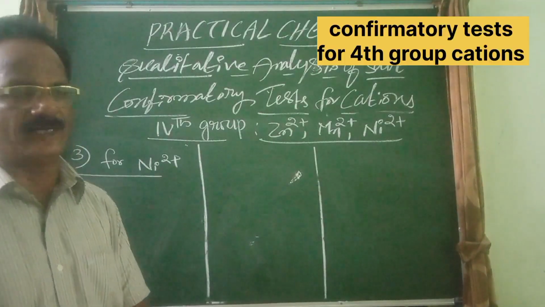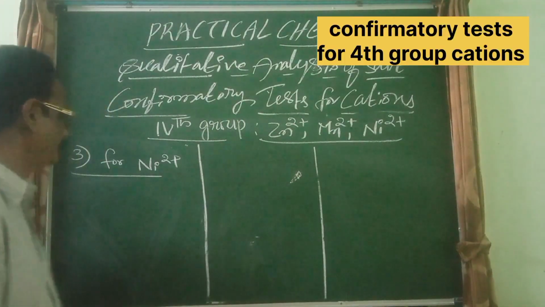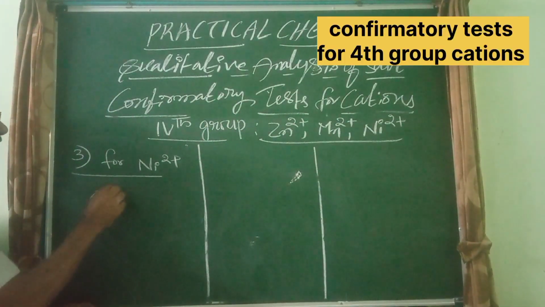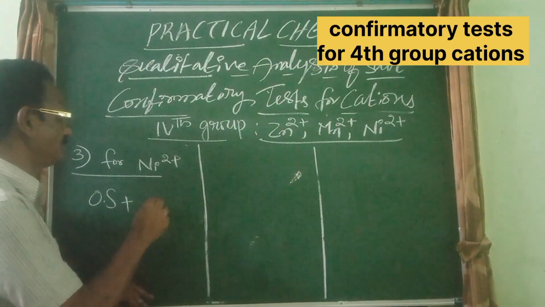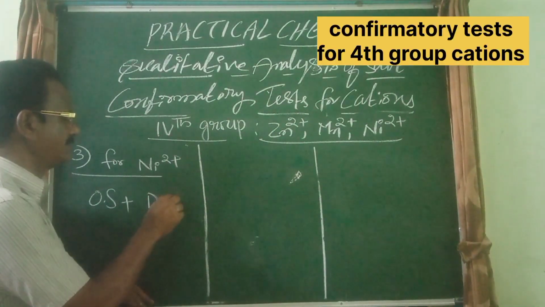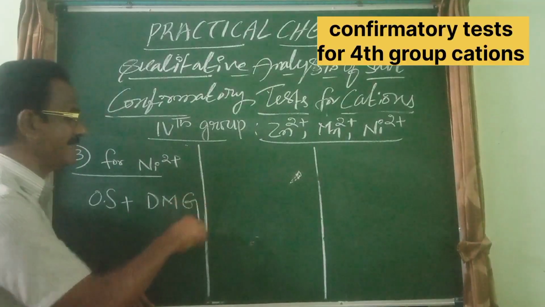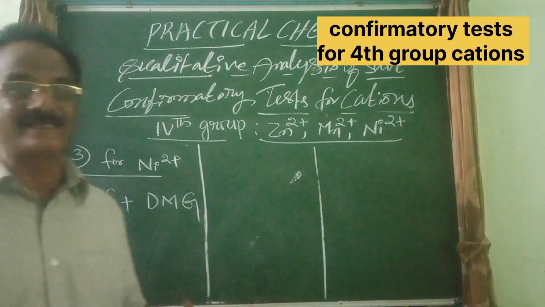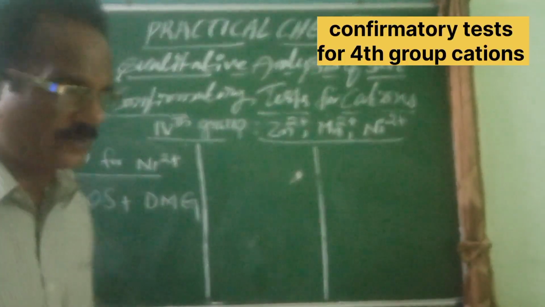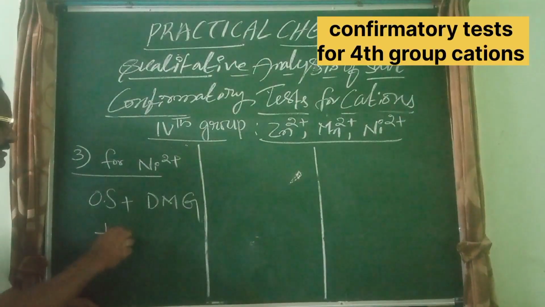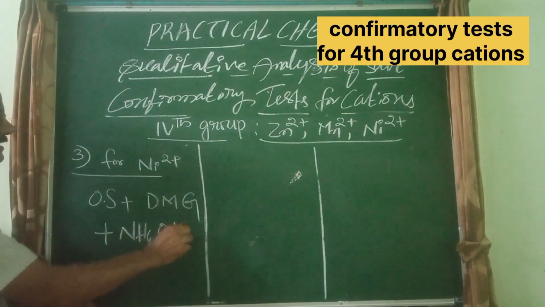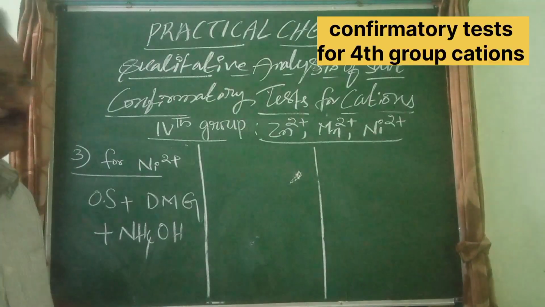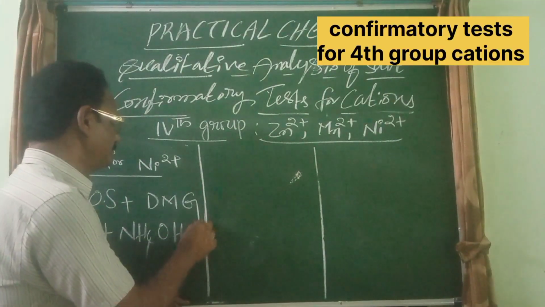Okay, fourth group cations. See here, during confirmation of Ni2+, original solution is added with dimethylglyoxime, followed by addition of NH4OH solution. Okay.